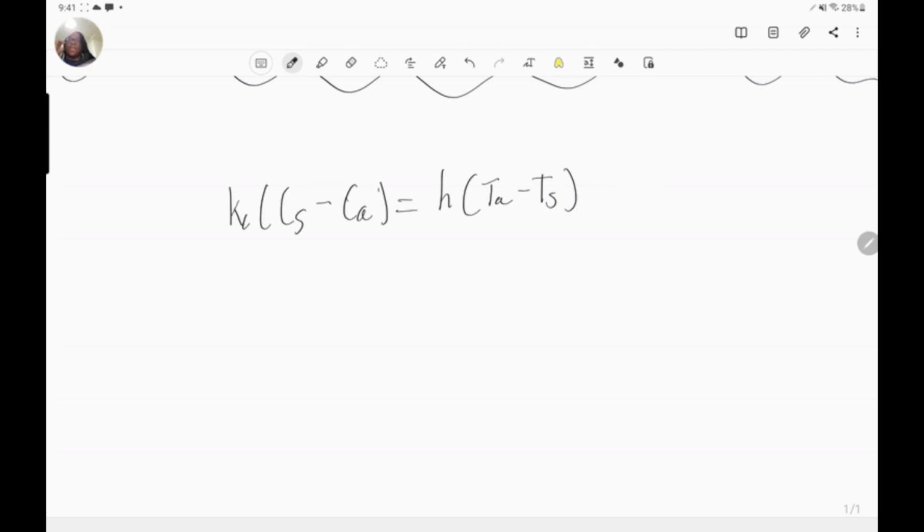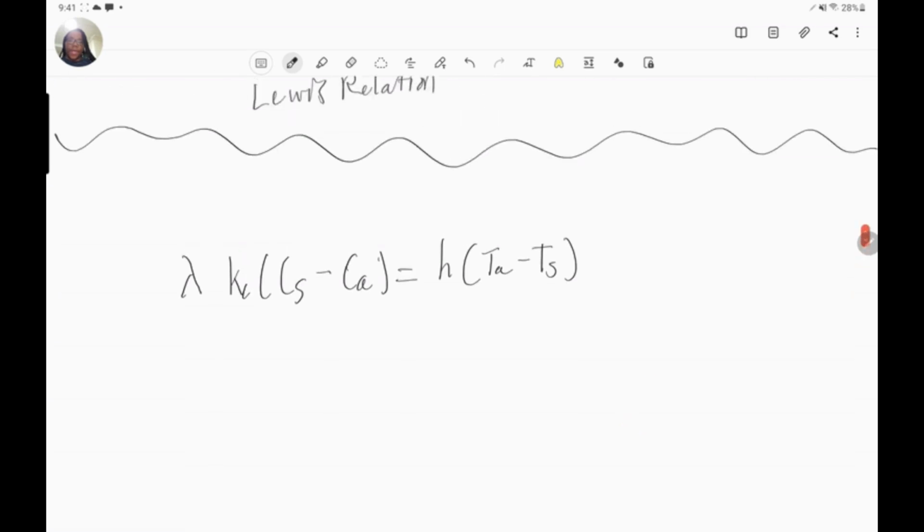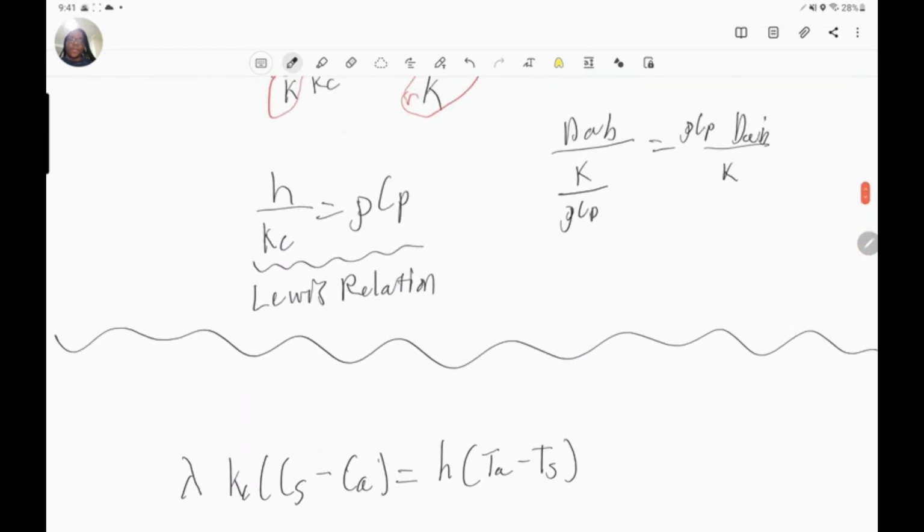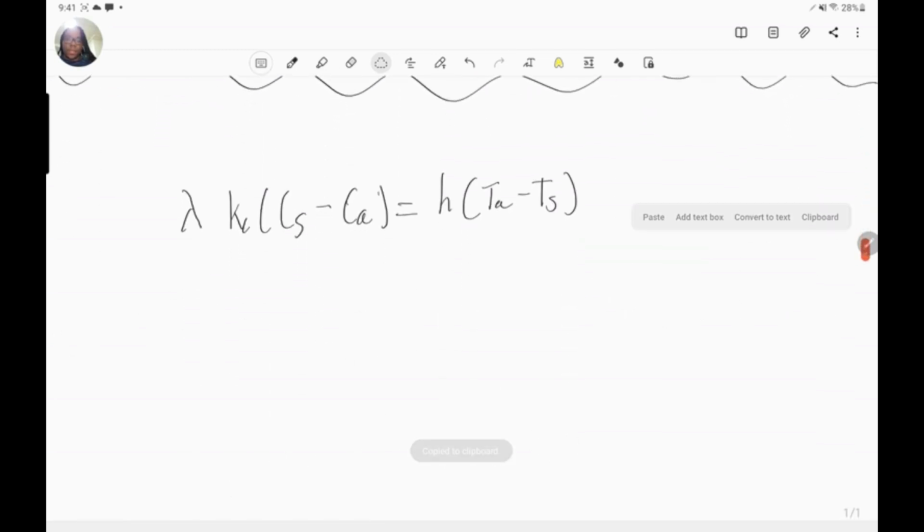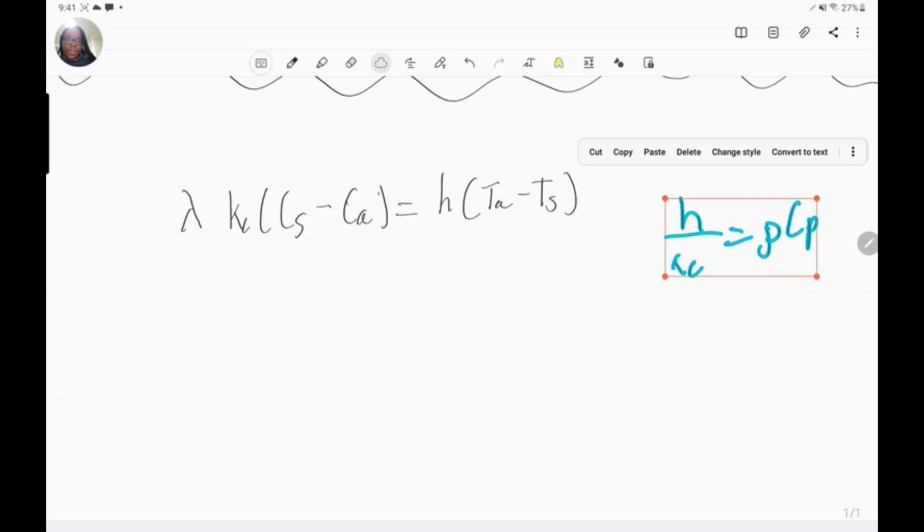And then to relate these two, we have our heat of vaporization. And so from there, we're going to pull down that Lewis relation that we got earlier. And we're going to go ahead and use that. So copy, paste.